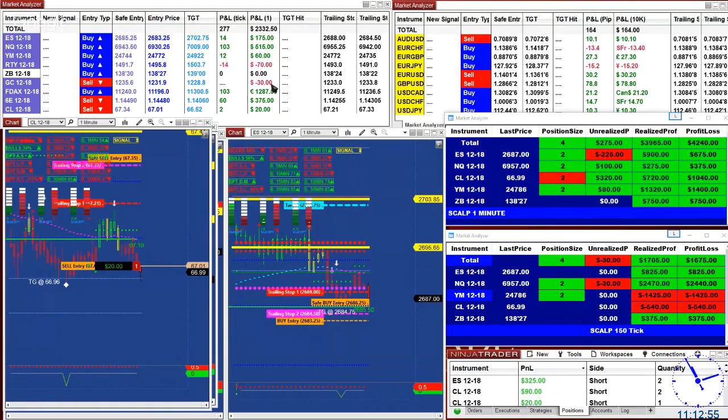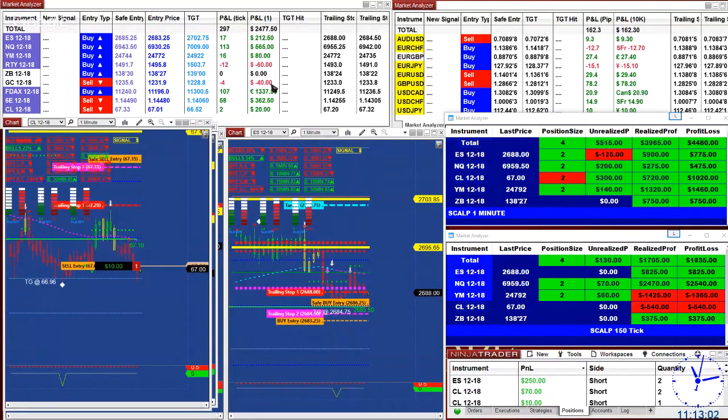There is a lot of potential on that platform. What you can do with NT8, you cannot do with NT7. If you put this one here in the market analyzer on NT7, it will crash immediately because NT7 is only on 1 gigabyte memory.